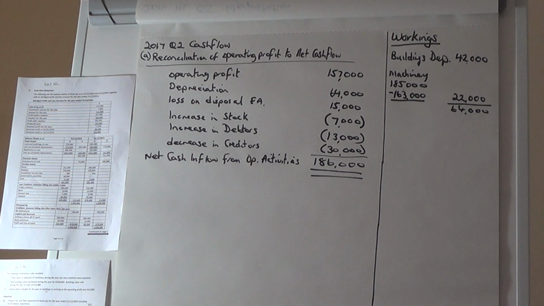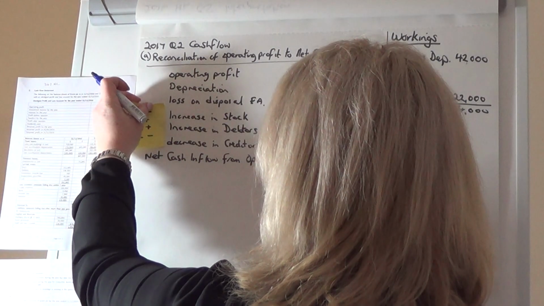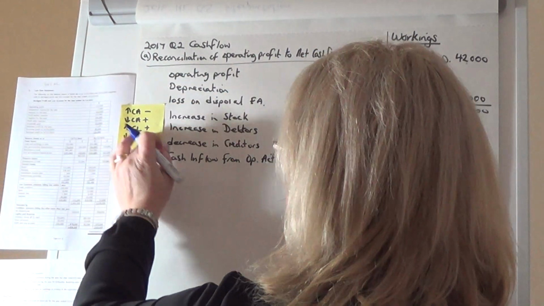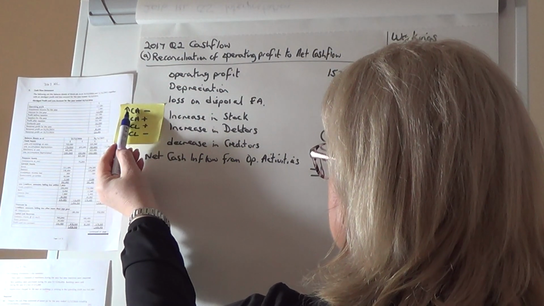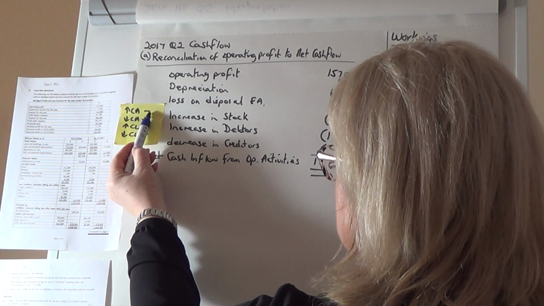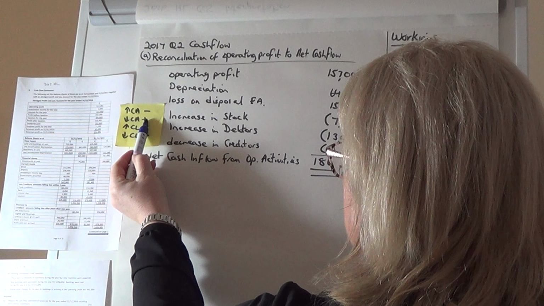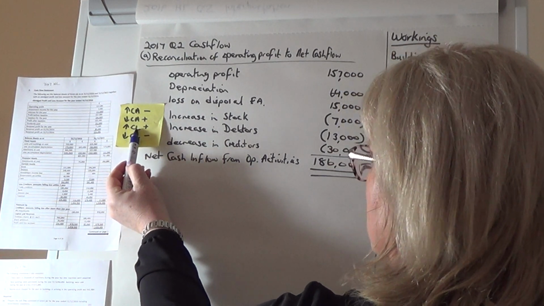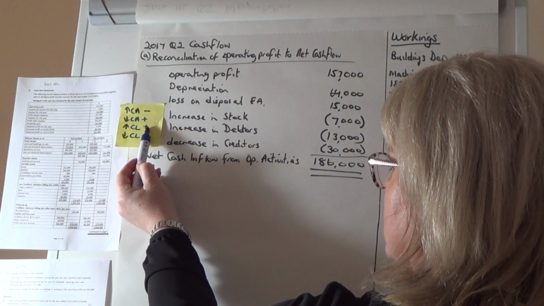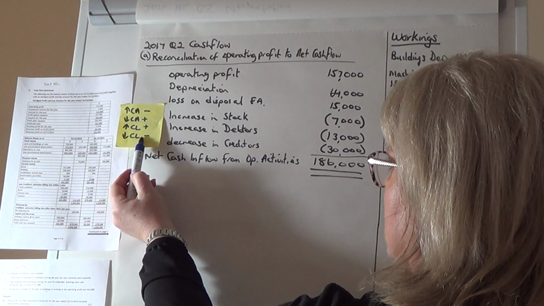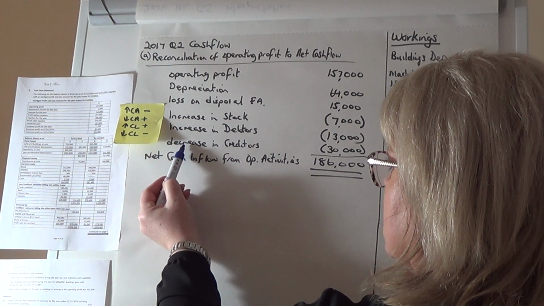Okay, and just to recap, if you have movement in stock, debtors, creditors, the rules are if there's an increase in a current asset, you minus it, like we had here. If there's a decrease in the current asset, it would be plus. An increase in the current liability would be a plus, or if there's a decrease in current liability, it would be a minus, like we had here.